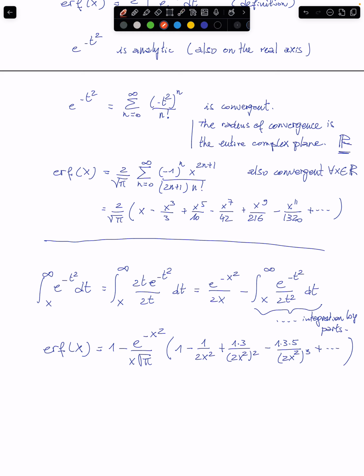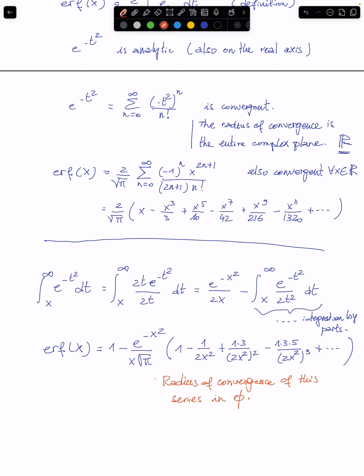And this makes it such that the radius of convergence of this series is the empty set.